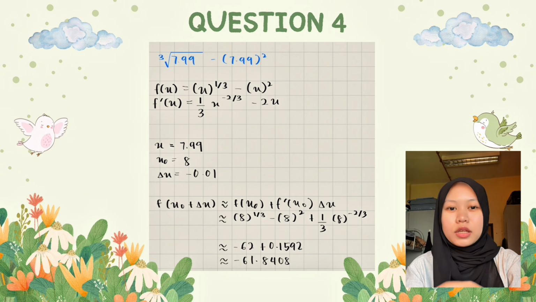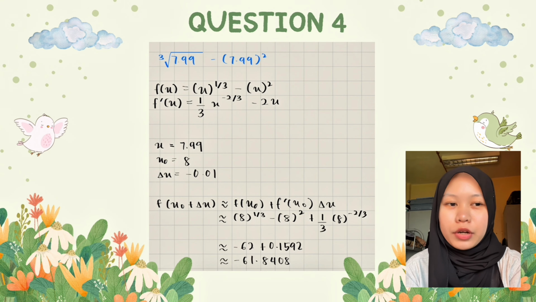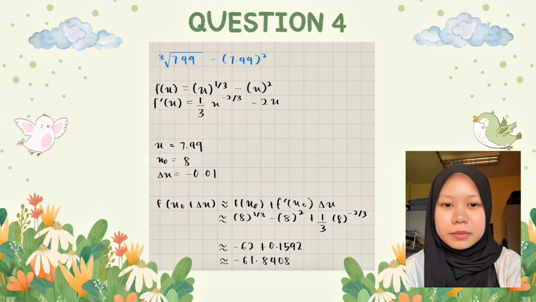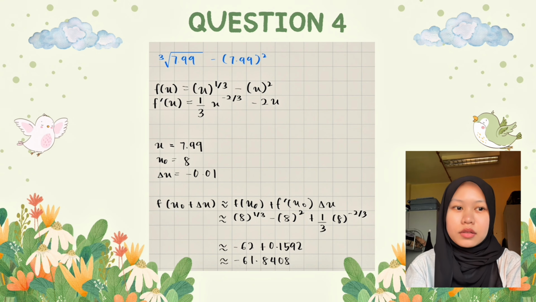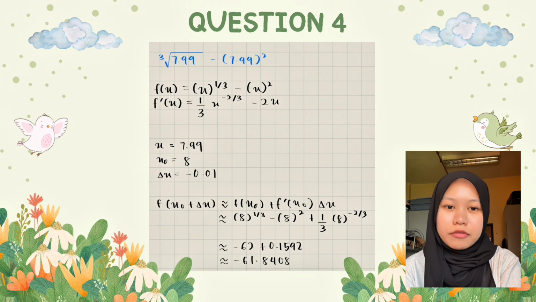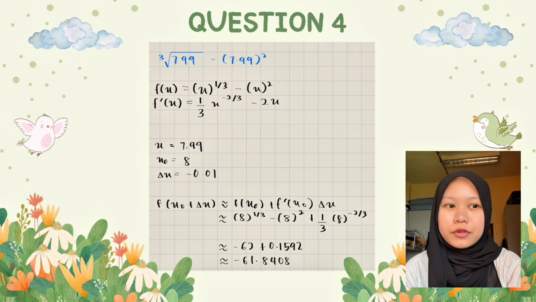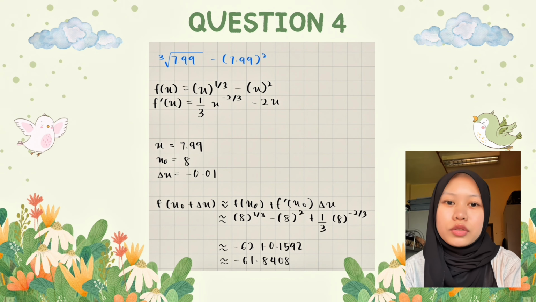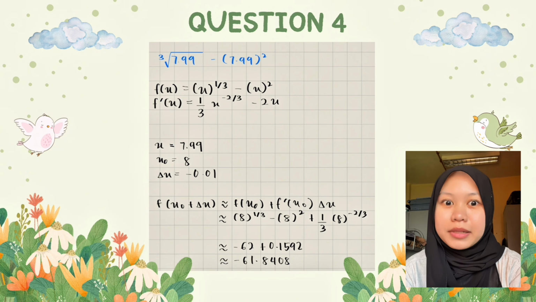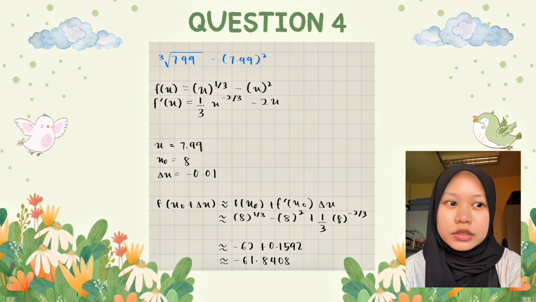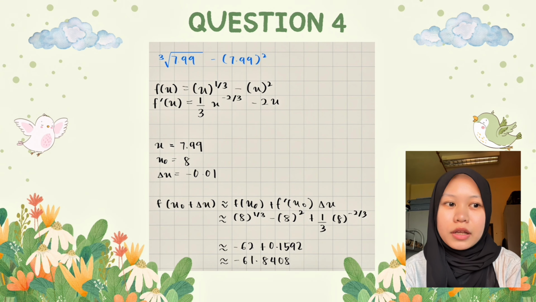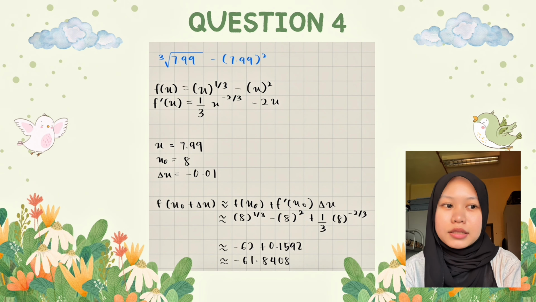Question 4. Cube root of 7.99 minus 7.99 squared. The solution is f(x) equals x to the power of 1 over 3 minus x squared. So the f prime x is 1 over 3 x to the power of negative 2 over 3 minus 2x.